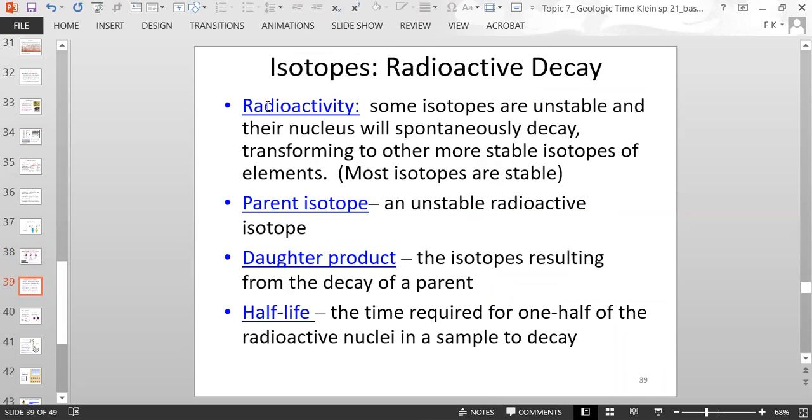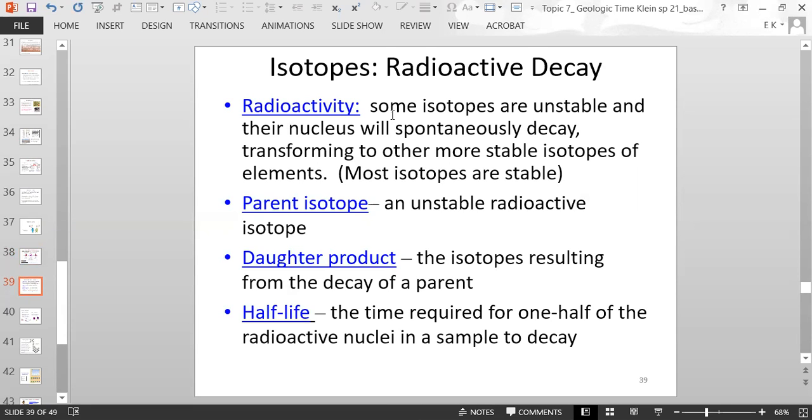So radioactivity, these are some definitions here. Radioactivity: some isotopes are unstable and their nucleus will spontaneously decay, transforming to other more stable isotopes of elements. Most isotopes of elements are stable, but you do have some that are unstable. For example, carbon-12 and carbon-13 are stable, and then carbon-14 is unstable.